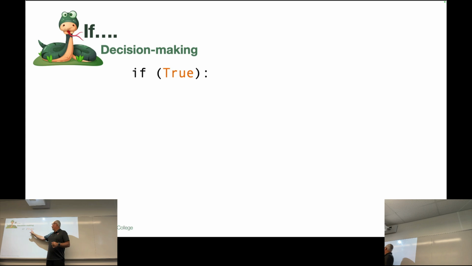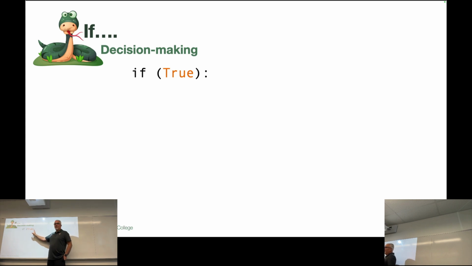Like I said, the parentheses are optional, but if does have to be followed by some condition that could be true or false. It can be anything that can be true or false, but it has to have something here, an expression. Okay? The simplest of all expressions is just the word true. It's always going to be true.